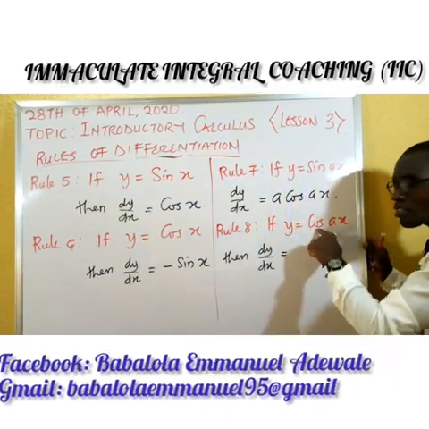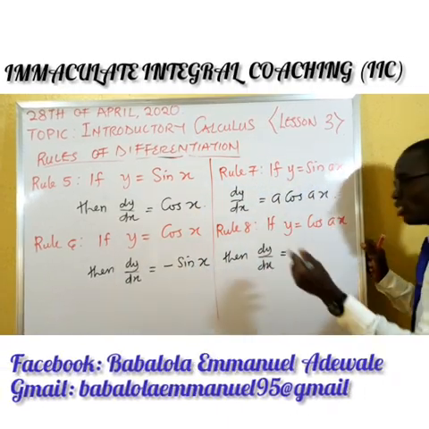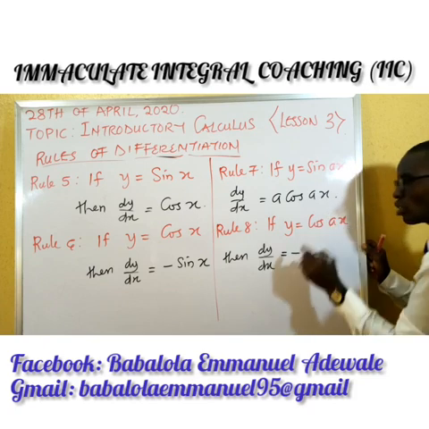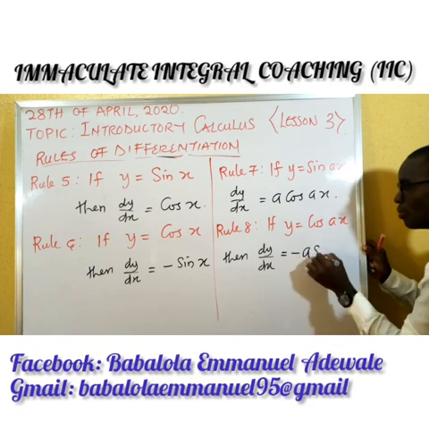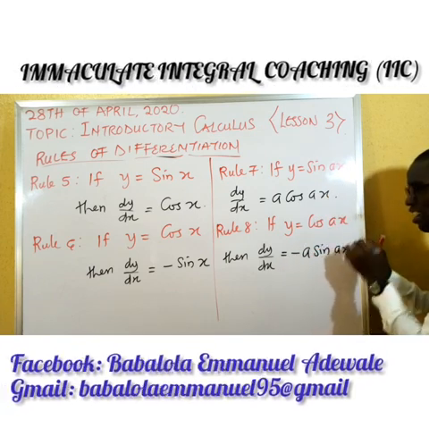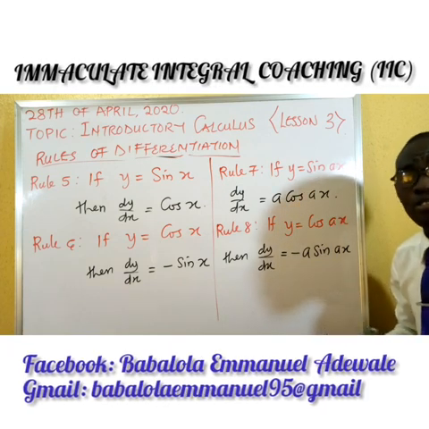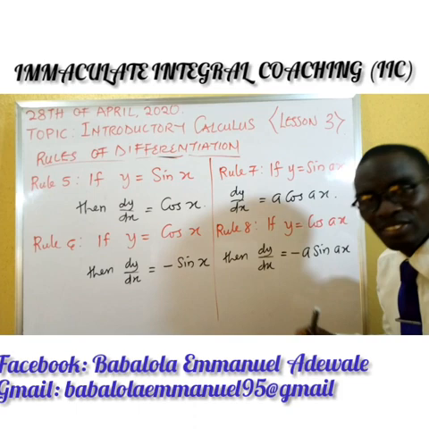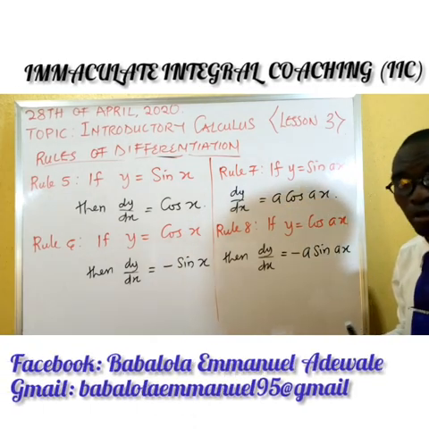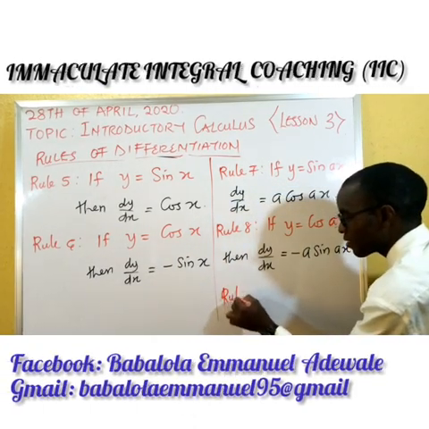So for cos to change to sine, there will be a minus, the constant will come out and it will now be minus a sine ax. For the purpose of this class, let's look at the last rule, which is rule 9.